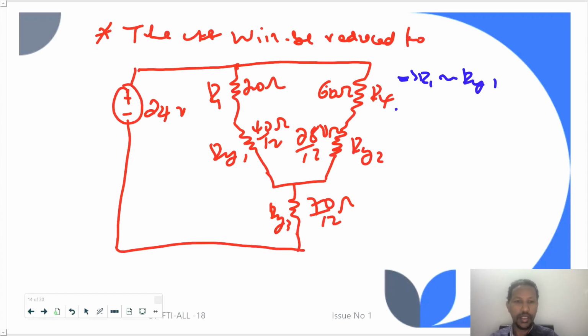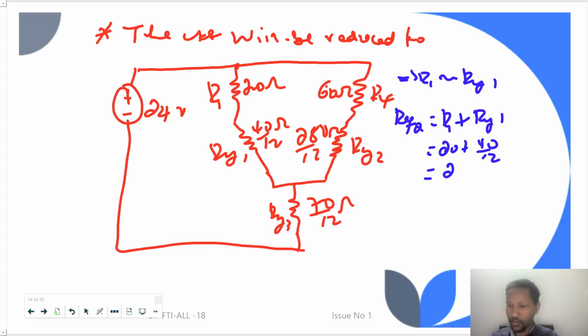So I can write R equivalent 2 equals R1 plus RY1, which is 20 plus 40 over 12, which equals 280 over 12 ohm.